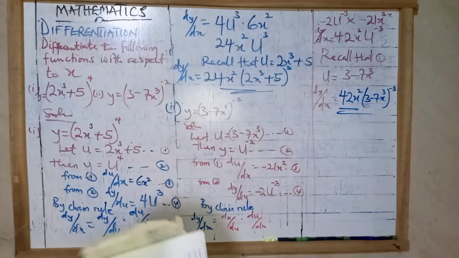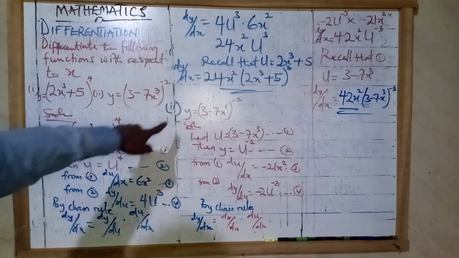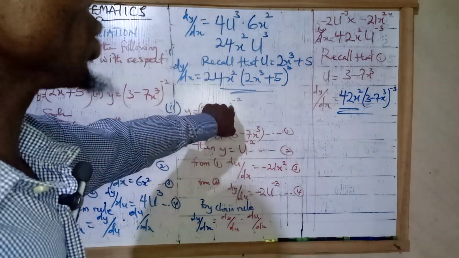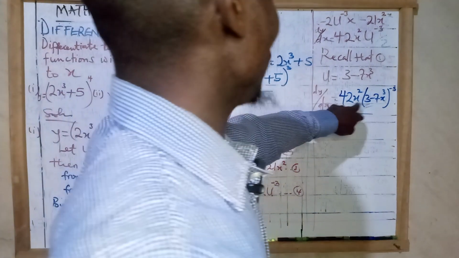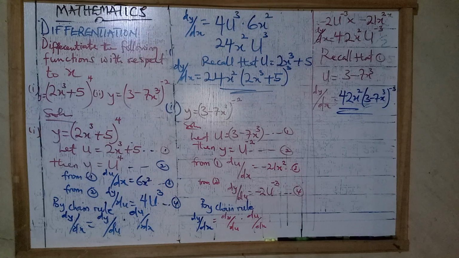So this is the solution to the function y equals (3 - 7x^3) raised to power minus 2. So the dy/dx is 42x^2 into brackets 3 - 7x^3, then everything raised to power minus 3.